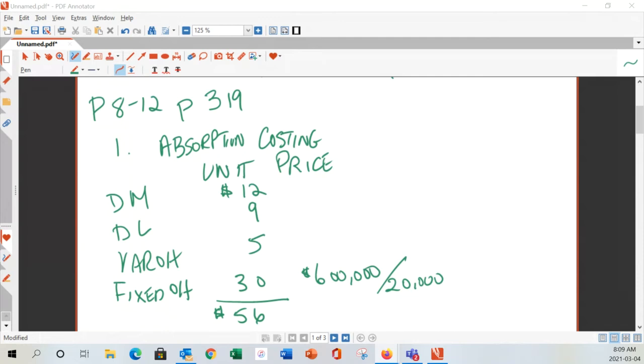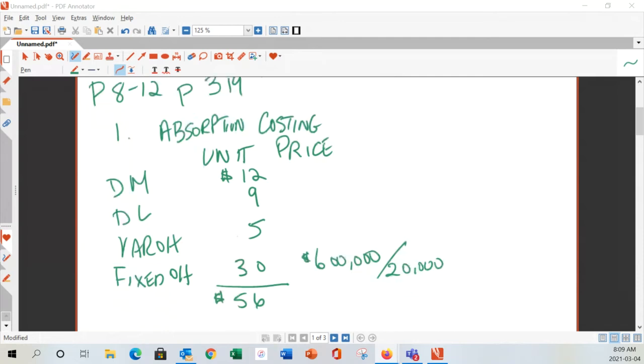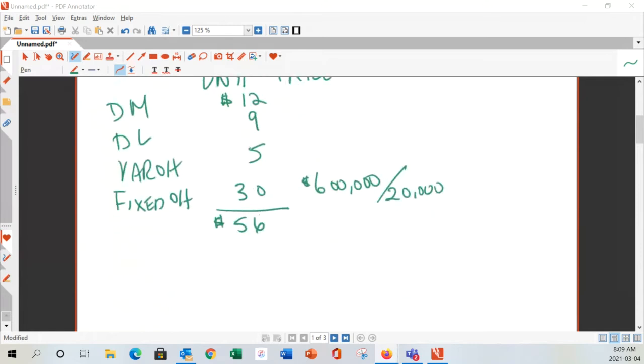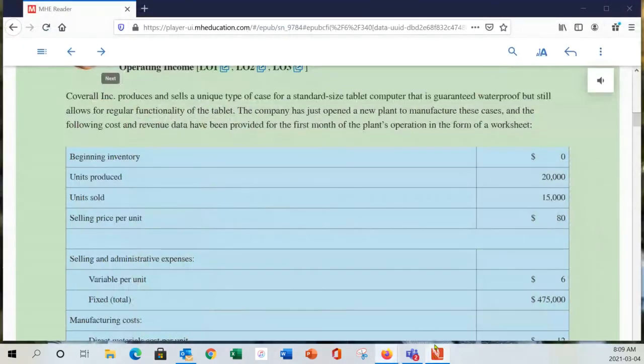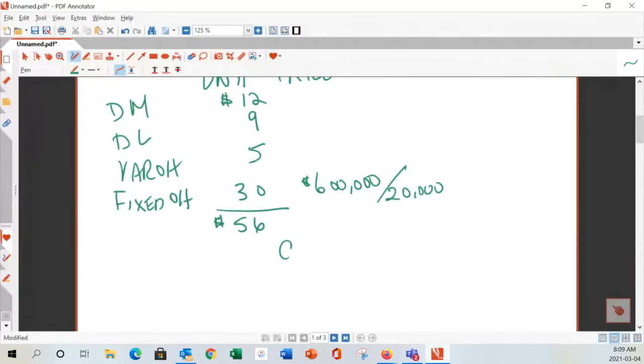All right, so we got 56. That's our absorption cost per unit. Okay. Now let's do the income statement. Again, it's Coverall Inc. And income statement.